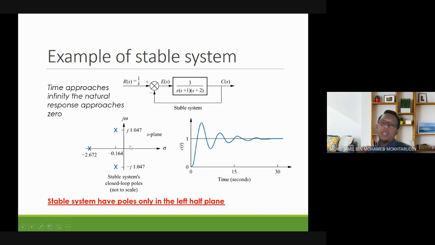In the pole plot, all of the poles of the closed loop transfer function are on the left-hand side of the S-plane, meaning negative values. So we can conclude that a stable system has poles only in the left half plane. If all poles of the closed loop transfer function are on the left-hand side of the S-plane, then the system is stable.